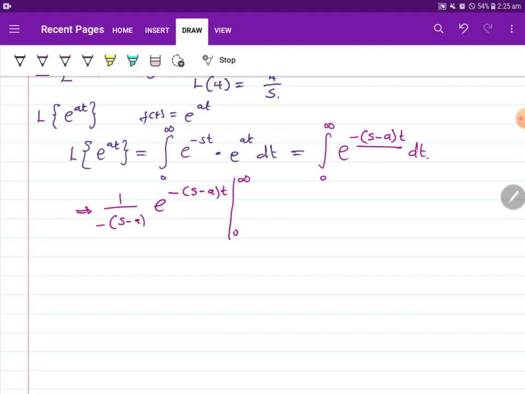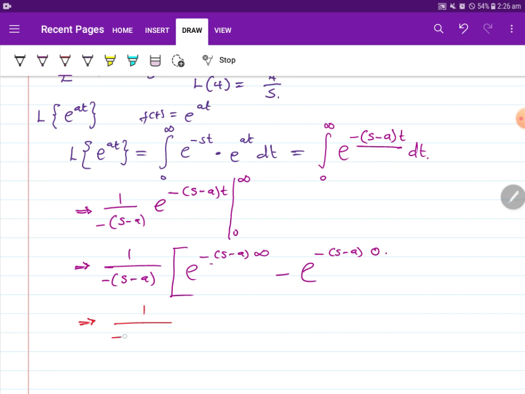So this is 1 over minus into s minus a, into bracket exponential minus into s minus a times infinity, minus exponential minus into s minus a times 0. Exponential of minus infinity is 0, so I have 1 over minus into s minus a into bracket 0 minus everything here times 0, which is 0, and exponential 0 is 1.